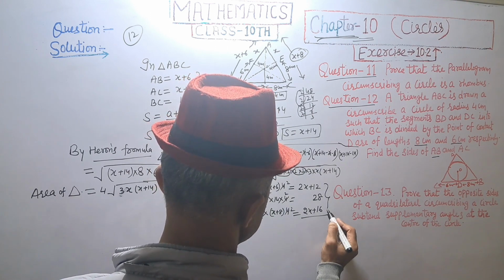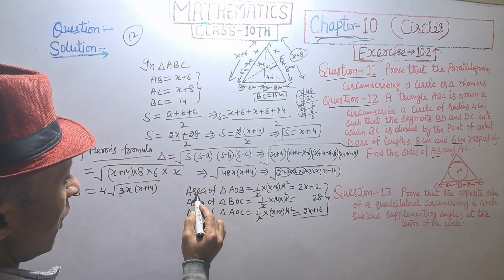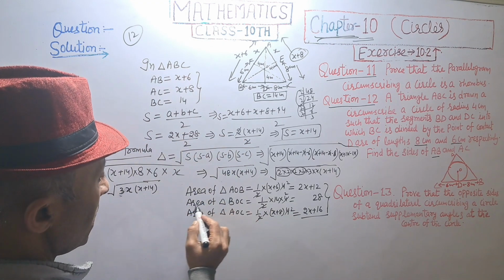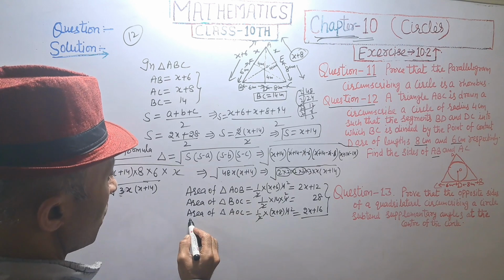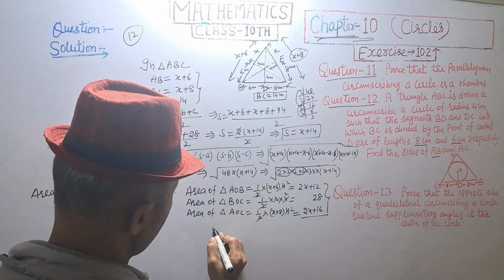The total sum of the areas of the triangles is area of triangle AOB plus area of triangle BOC plus area of triangle AOC.